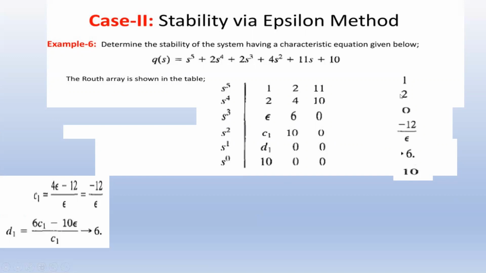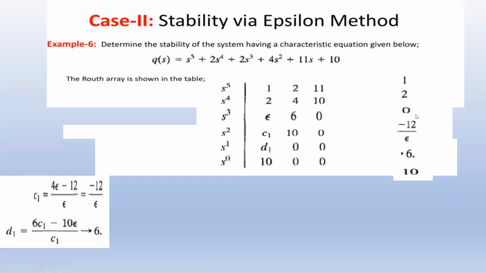If we look for the number of sign changes, we have no sign change and no sign change. And here we have one sign change because it is plus and it is minus. So we have one sign change, and from here to here there is another sign change because it is negative and it is positive.